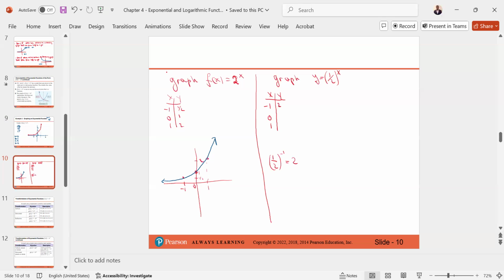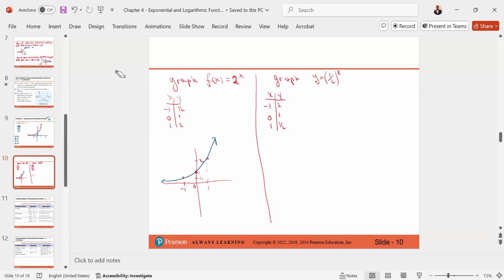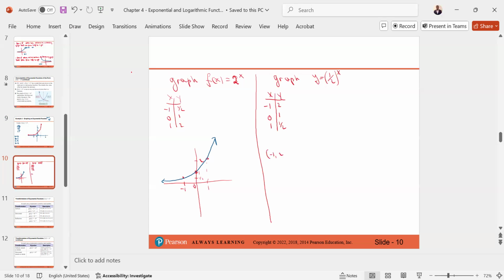Now, 0 would still be 1, 1 would be 1/2. So having these 3 points, we have -1, 2, 0, 1, 1, 1/2. Now, let's graph it. You will see the difference between the other graph.